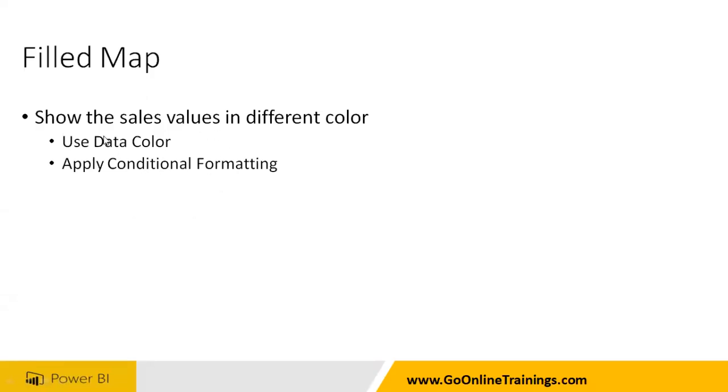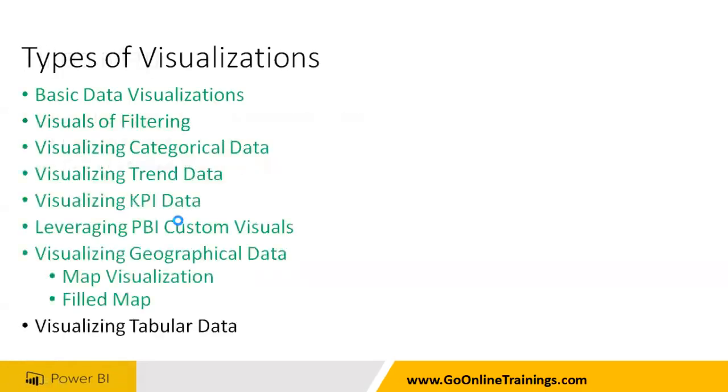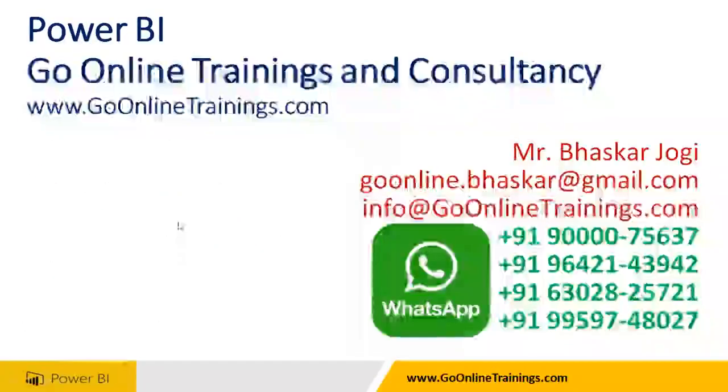If the sales is greater than this, show the red color. I think we had applied one conditional formatting, right? The same way you should be able to apply it, or when you drag and drop a second dimension, it will automatically get different colors. So that is what is called dimension, guys. Map visualizations. Any questions?